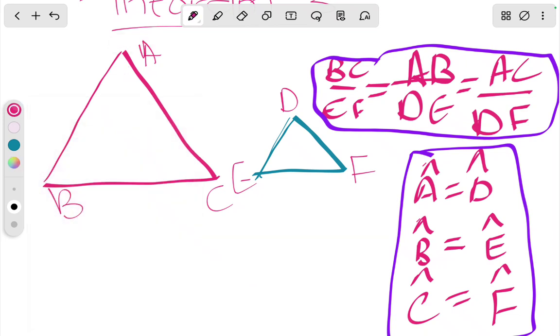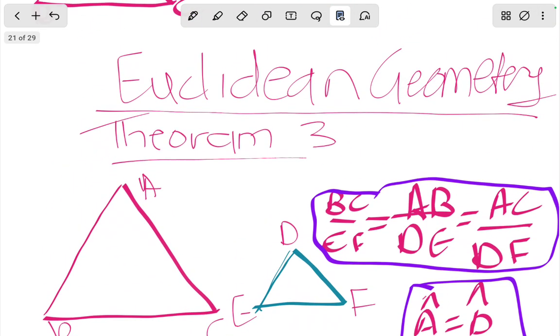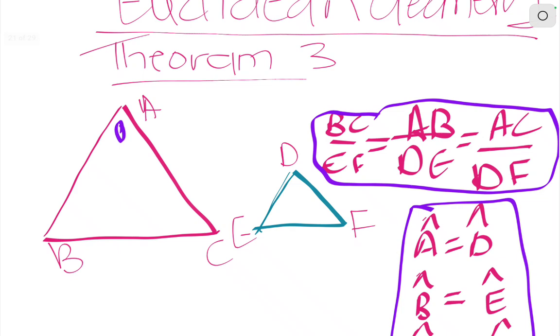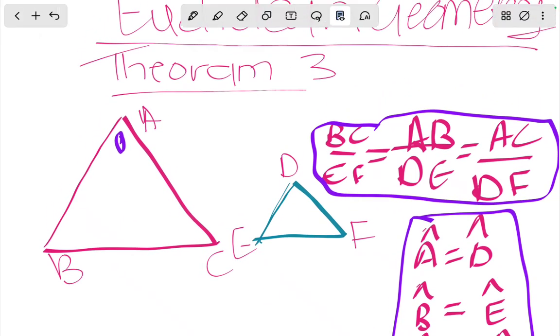Angle A is represented by a dot and corresponds with angle D. So this angle is equal to that angle.